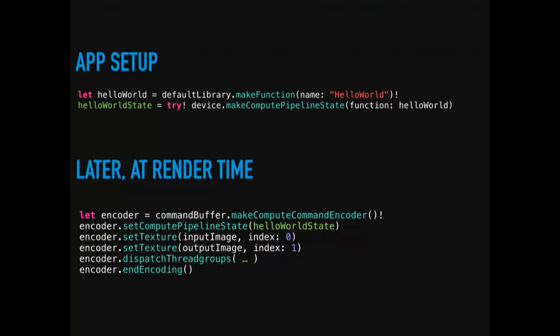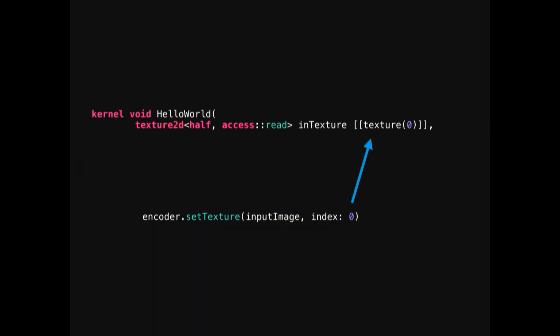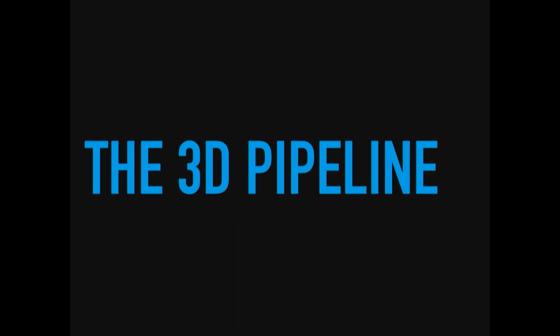And then you call dispatch thread groups, and it kicks off to the GPU. So again, that double bracket syntax we saw earlier, that's an annotation to the compiler to let it know what you're expecting to slot into that parameter in your shader. So when you write set texture index 0, it knows to plug it in there. Cool. So that's the simpler option.